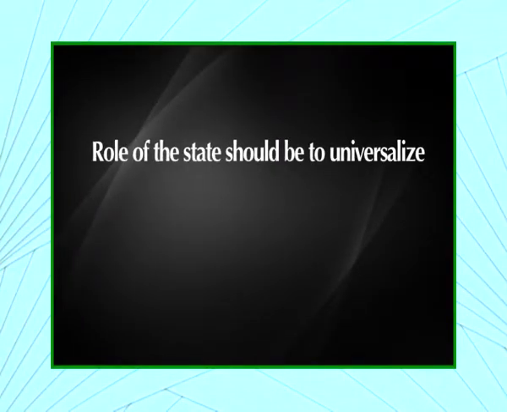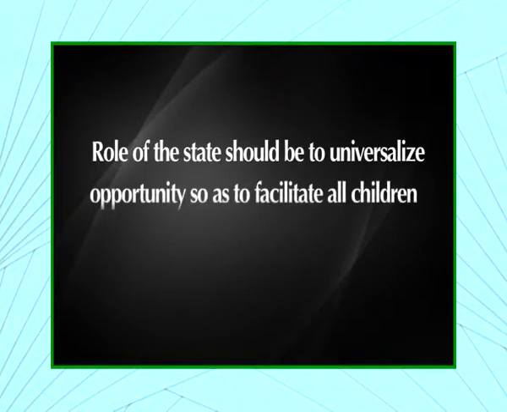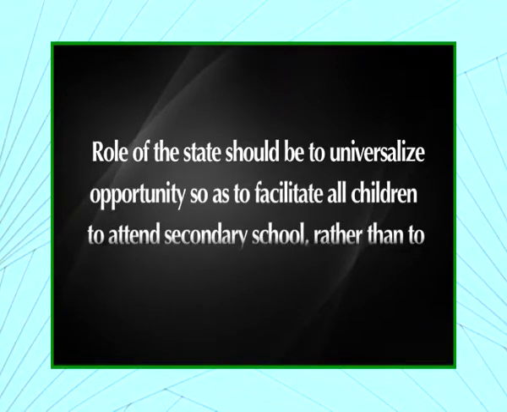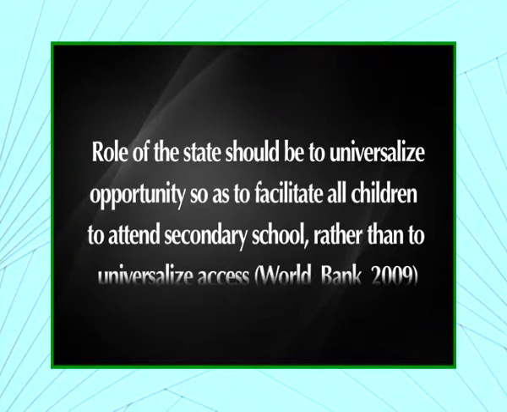The challenge is to substantially improve access, equity, and quality of secondary schooling simultaneously. Currently, the role of the state should be to universalize opportunities so as to facilitate all children to attend secondary school rather than to universalize access, suggests World Bank 2009.